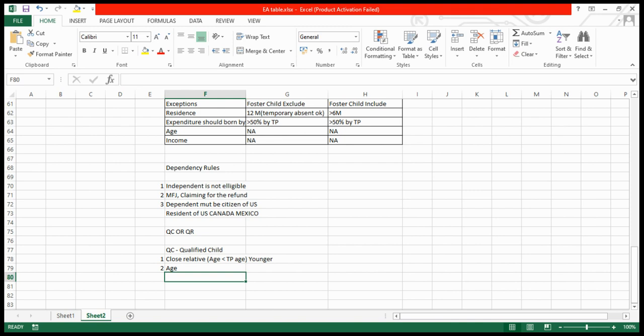You have some close relative, thereafter we need to check on the age aspect as well, then only we will call them a qualified child. So the age condition is: if someone is less than 19 years old or disabled, in that case you can be qualified as a qualified child.